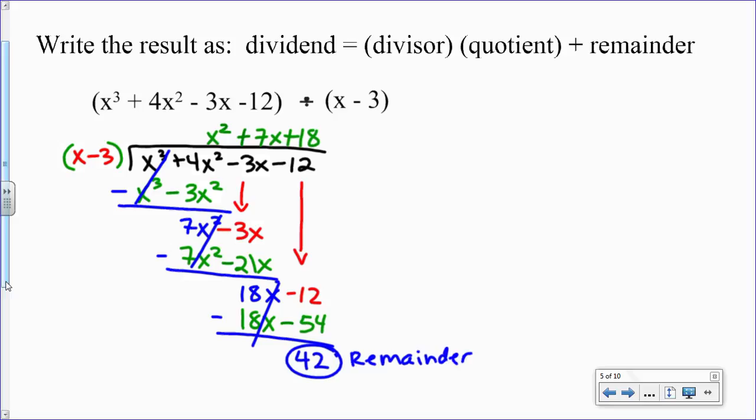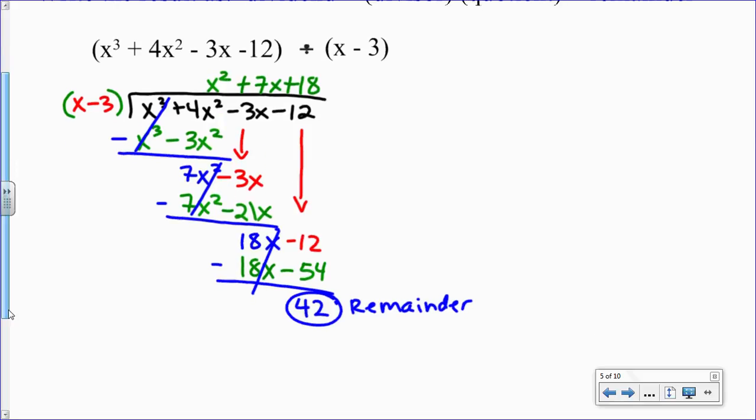Okay. So I did a long division part. Now we got to write it with this form. Dividend equals divisor times quotient plus remainder. So we're writing it as a multiplication problem. So what I divided, my dividend, x cubed plus 4x squared minus 3x minus 12 equals my divisor, x minus 3, times the quotient.